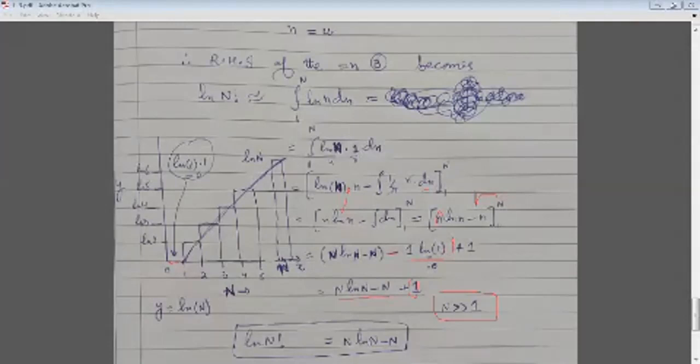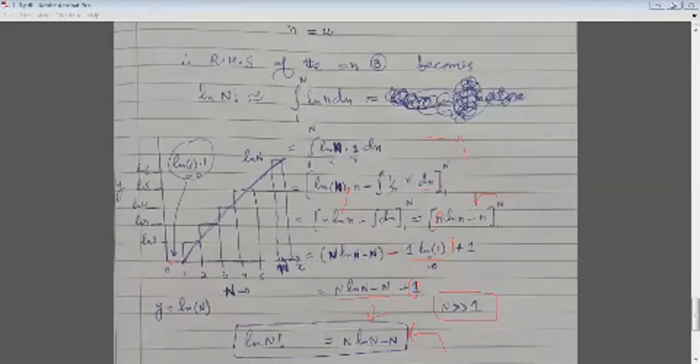So we can write ln N factorial is equal to N ln N minus N. So this was a simple derivation or proof of Stirling's approximation. Please note we have simply used integration by parts here. Do the same procedure and you will get this equation.